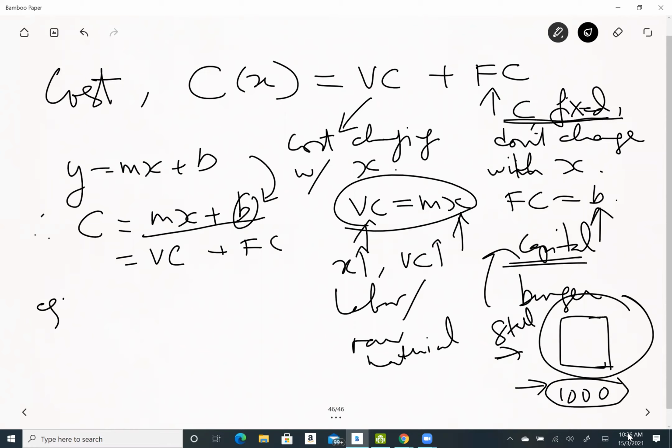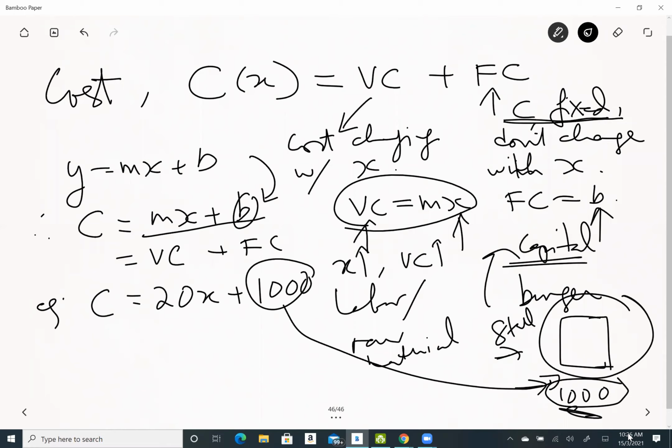So we look at this cost. I'll give you an example. Cost can be y equals 20x plus 1,000. The 1,000 is the fixed cost, the cost of your stall. And 20x is the cost of the other input, which is labor.